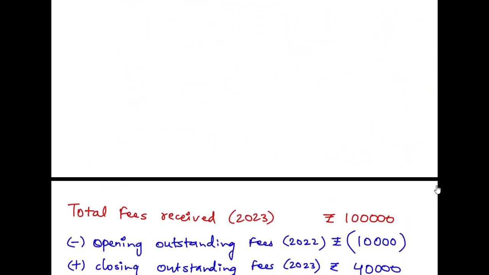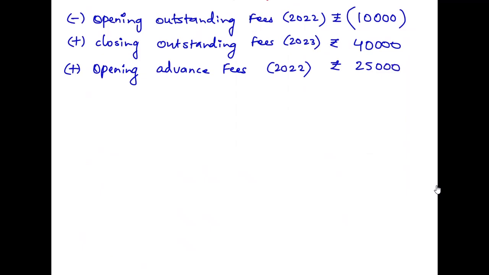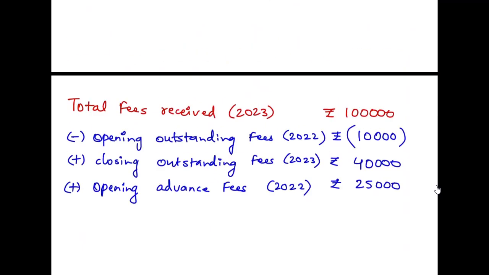So what I will do, I will add this figure. What I will add? Opening advance fees, which was received in 2022, but it pertains to 2023. So I will add that figure. That figure was, I think, 25,000. So that is the third adjustment.